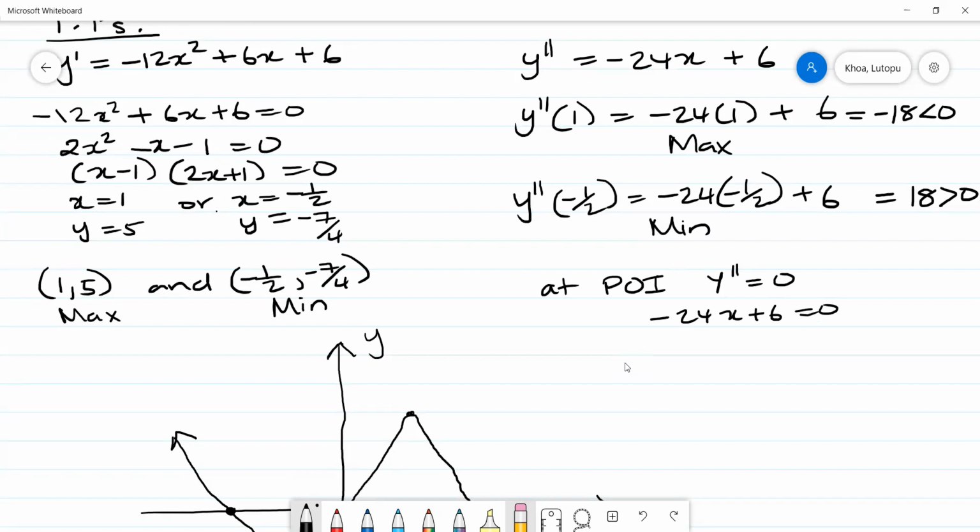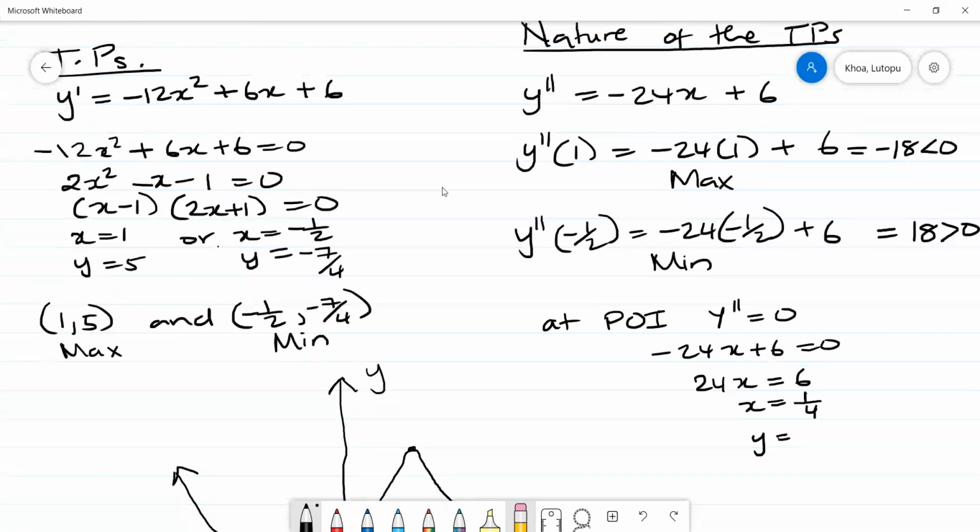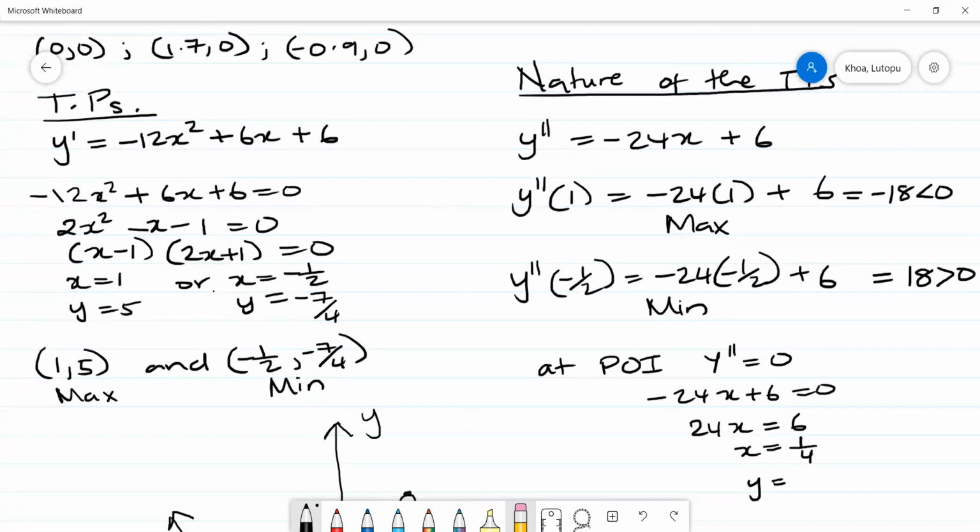This means that 24x is equal to 6, x is equal to 6 over 24, which is 1/4. And then the y-coordinate, substitute x equal to 1/4 into the formula.